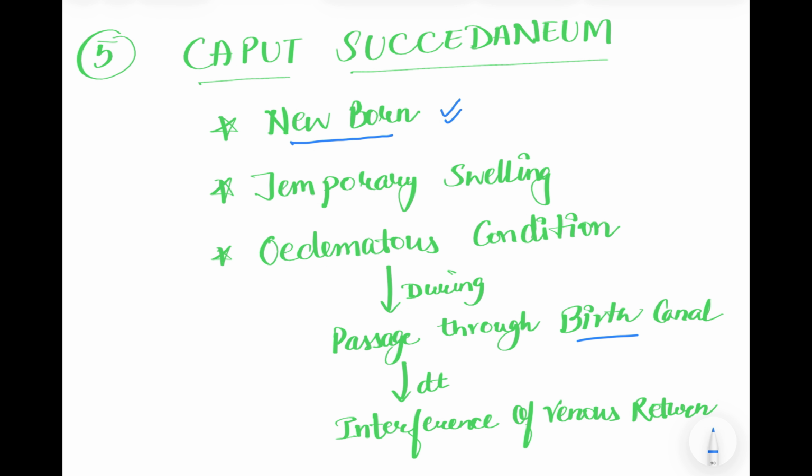So what is going to happen at that time? There is going to be a temporary edema through this passage because the venous return is interfered with. So due to this interference, the venous return leads to a temporary swelling, which is known as caput succedaneum.